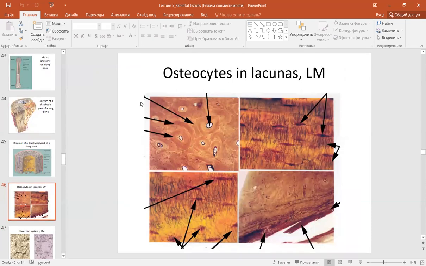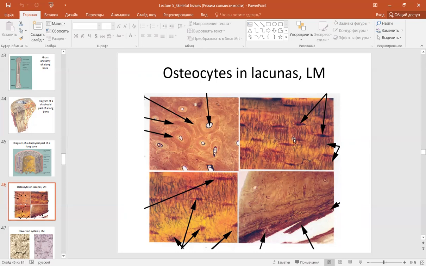Here is the light micrographic representation of the epiphyseal part of the long bone, showing you an osteon with Haversian canal and with the osteon lamella, with cells, osteocytes present in the interstitial space and inside the lamella.